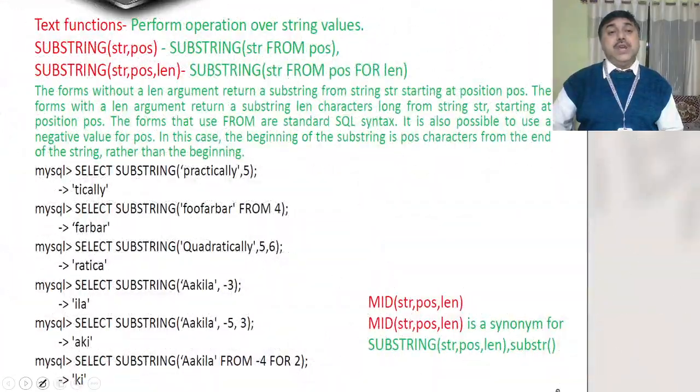Now substring, what we can find with SUBSTR. Substring means we are taking a portion based on the length of a string, and from that length what we need to print. This is the argument value that we are seeing, and each argument value is calculated.